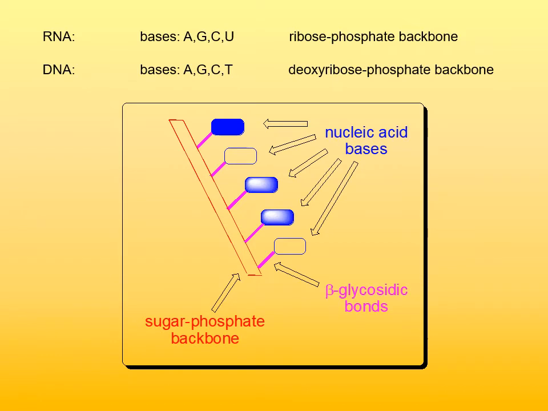Here is schematic representation of sugar phosphate backbone and nucleic acid bases attached as side chains to it. Beta-N glycosidic bonds attach nucleic acid bases to sugar phosphate backbone.